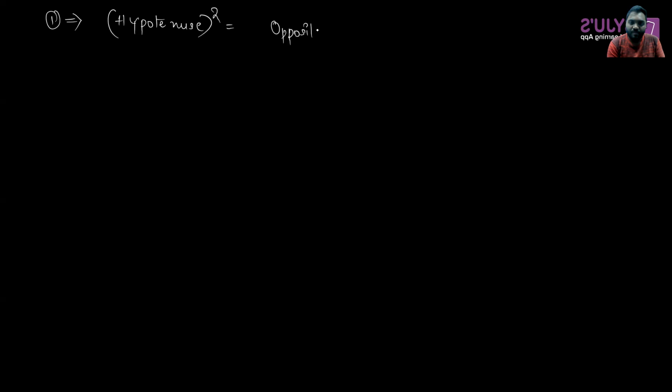Now in case 3 we will divide equation 1 with opposite square. Let me write the Pythagoras theorem once again. Hypotenuse square equals to opposite square plus adjacent square, and let us divide the entire equation now with opposite square.